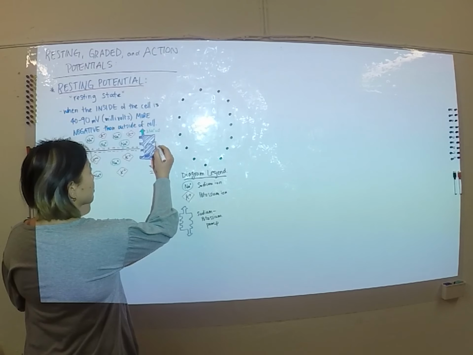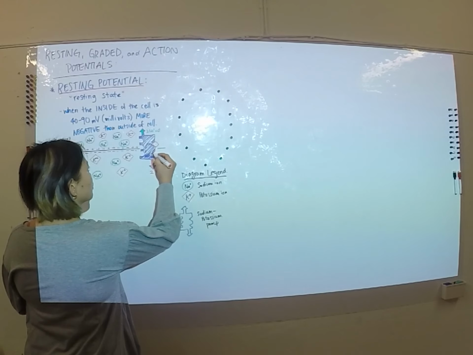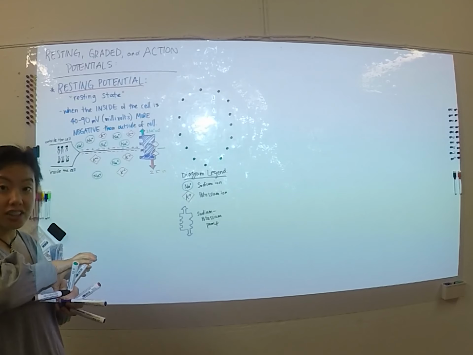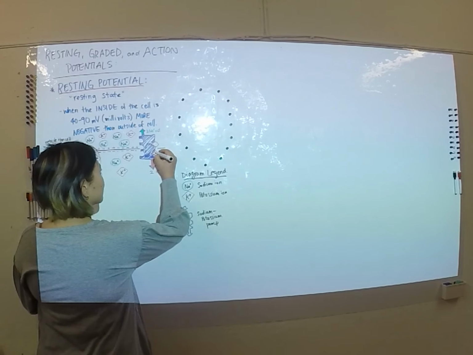And it really is, in the protein, there are special holes that only fit certain kinds of ions, okay? So it's like a puzzle piece.